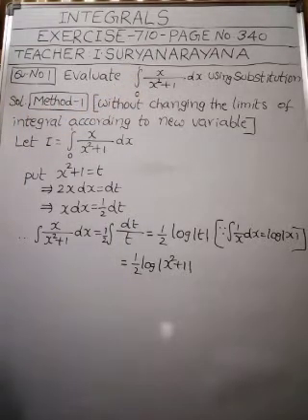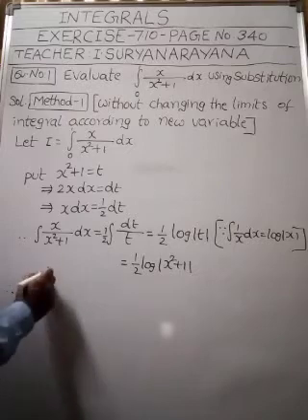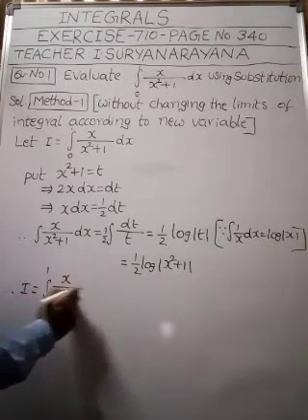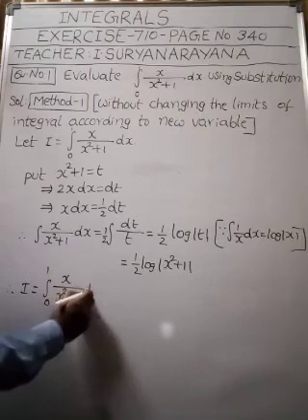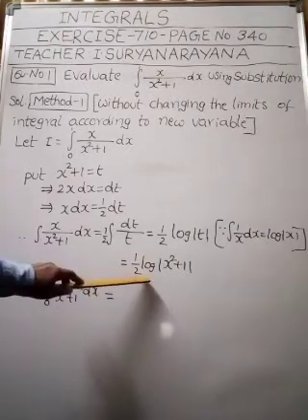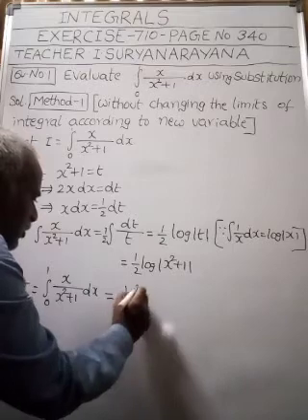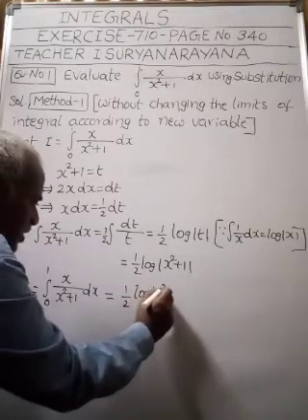Okay, my children? Therefore, I is equal to integral 0 to 1 of x by x square plus 1 dx. We already got the indefinite integral value, 1 by 2 log mod x square plus 1.